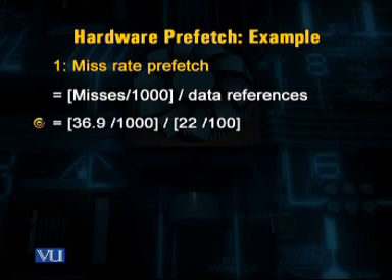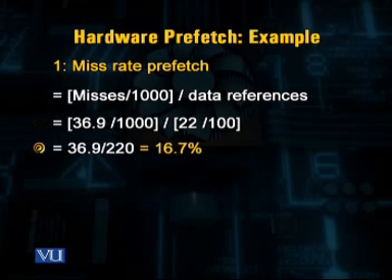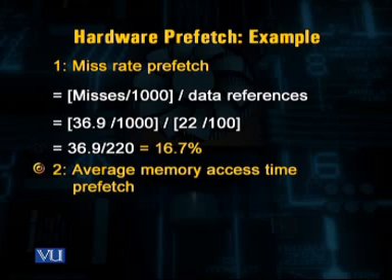Substituting the values given earlier, that is, the misses per 1000 equal to 36.9 divided by 1000, and for the data references, 22 divided by 100, which results in a value equal to 16.7%.